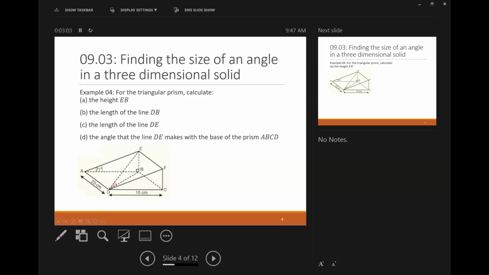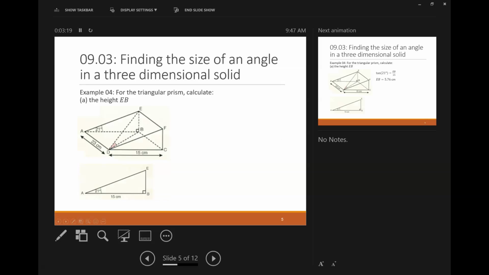So clearly this angle is 21 degrees, right? What other piece of information do I know here for AEB? AB is also 15. So there's that. How can I find EB?